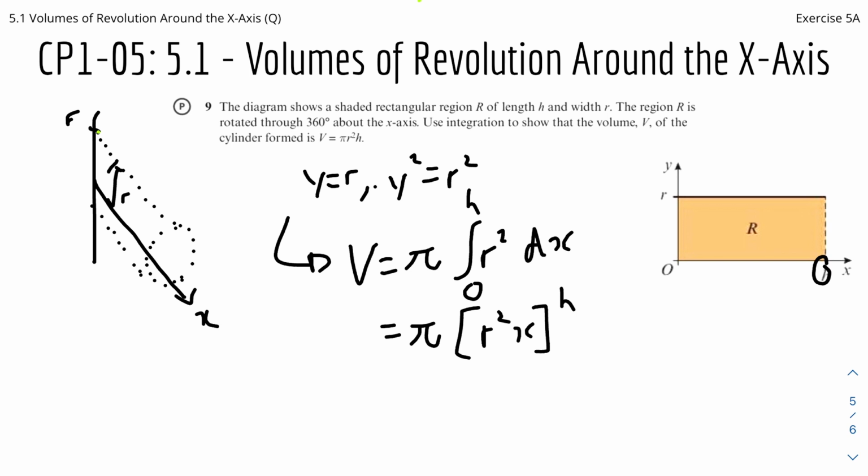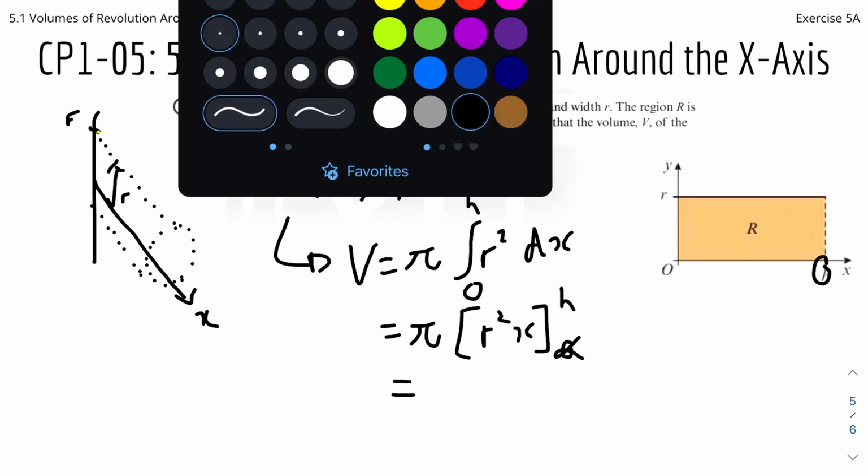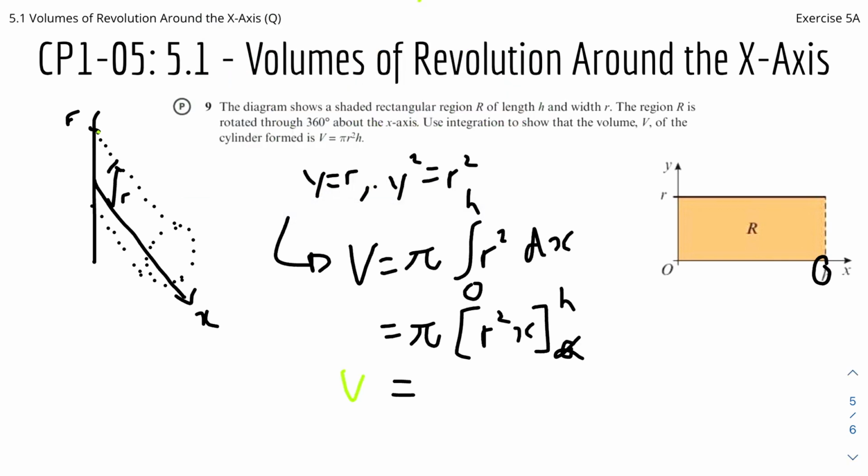So we substitute x by h and x by 0 and subtract. Since x equals 0 makes that term 0, we can just ignore it. So substituting x by h, that gets us V equals pi r squared h, which is what we have for the volume of the cylinder, and that's the final answer.